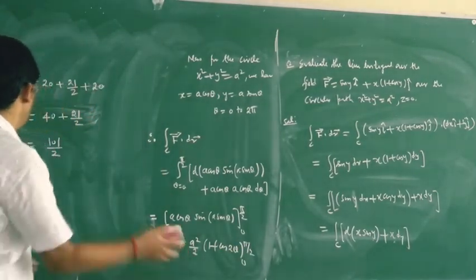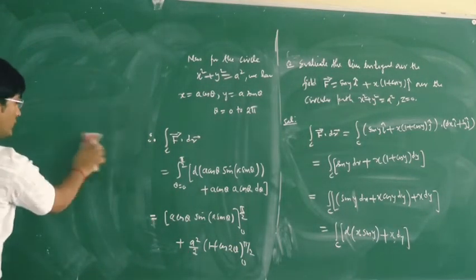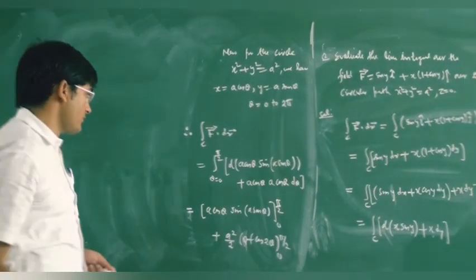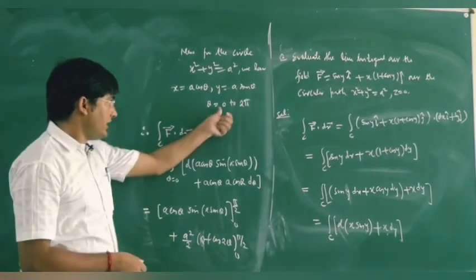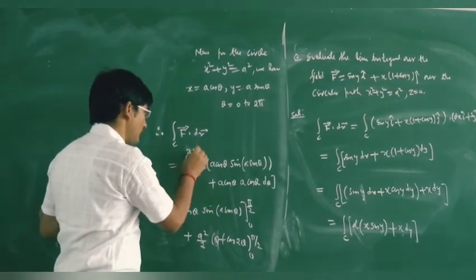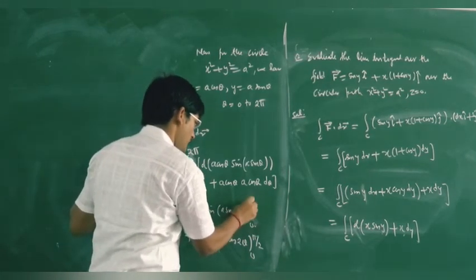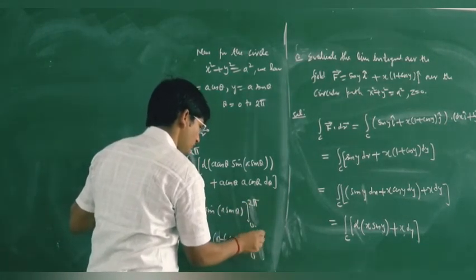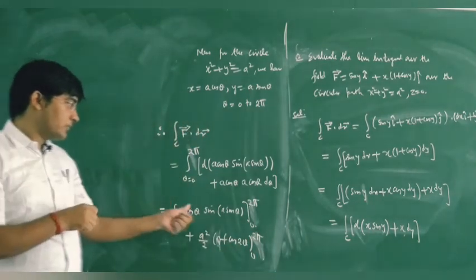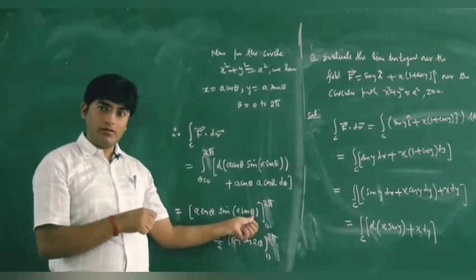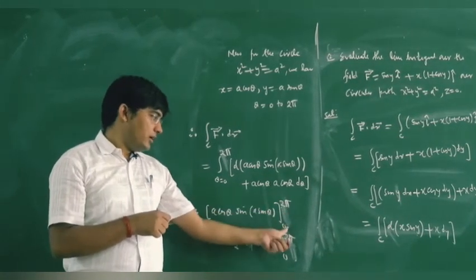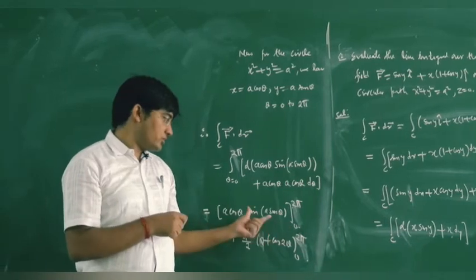So your solution is equal to, here our theta is from 0 to 2 pi, so this is not your pi by 2, this is your 2 pi. Okay, now your sin 2 pi is 0, so again sin 0 is 0, so the upper limit is 0, and again the lower limit is 0, so this term is 0.